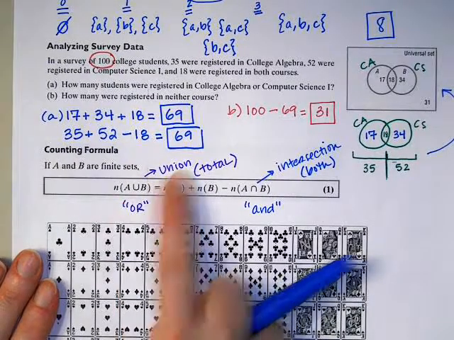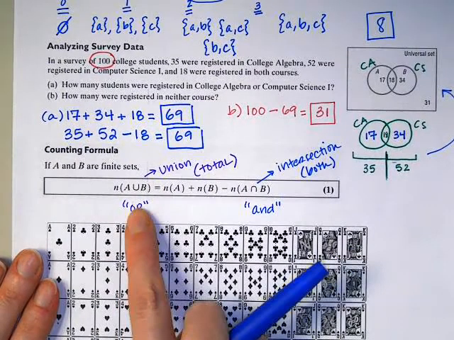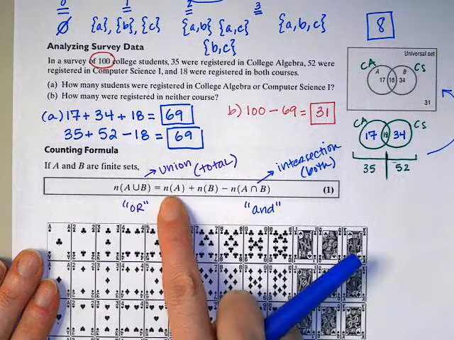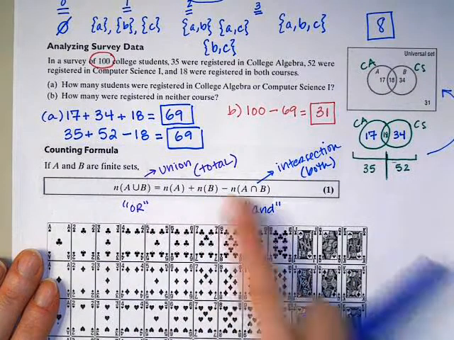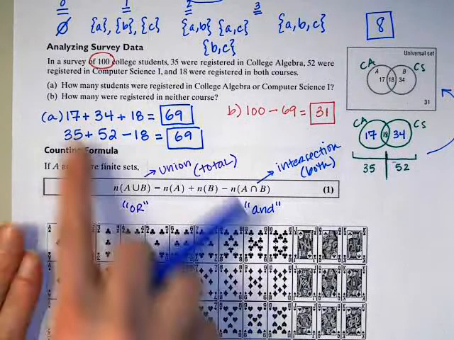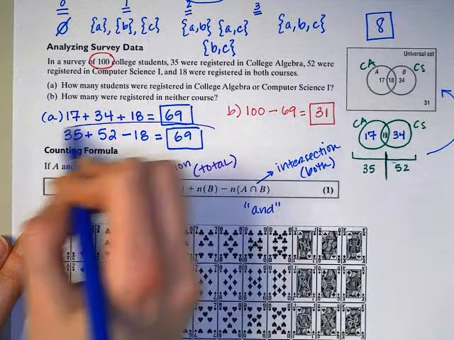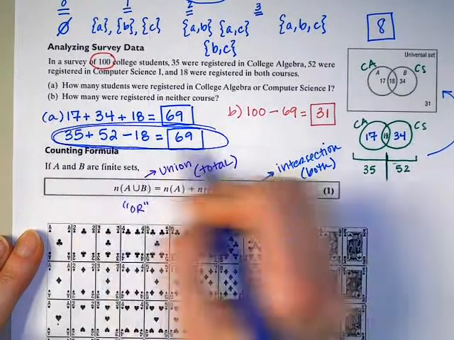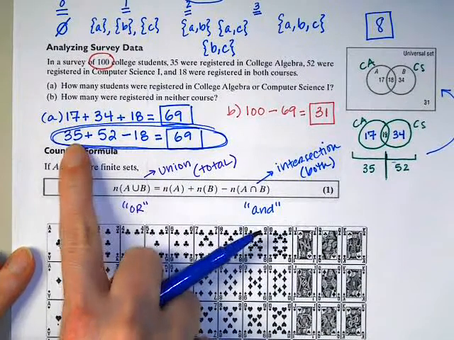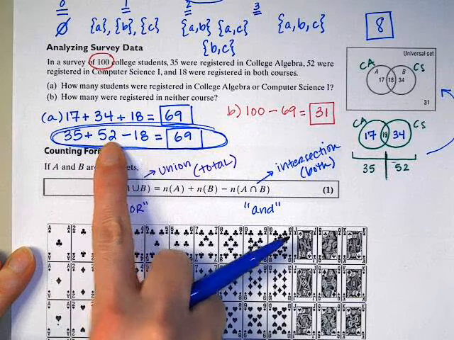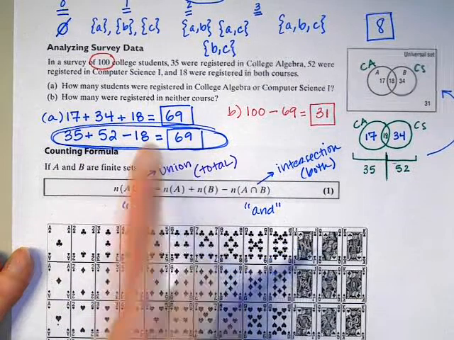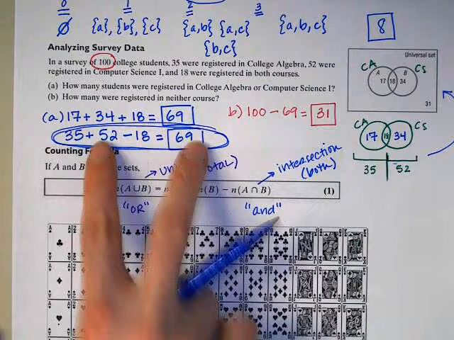If you want to find the union or total, the or, you add A plus B minus the intersection. If you want to go back to the example, technically we used this formula right here. We did how many in college algebra plus how many in computer science minus the intersection. So this formula we kind of already used.